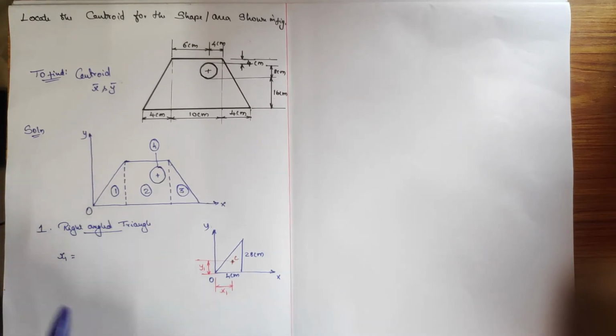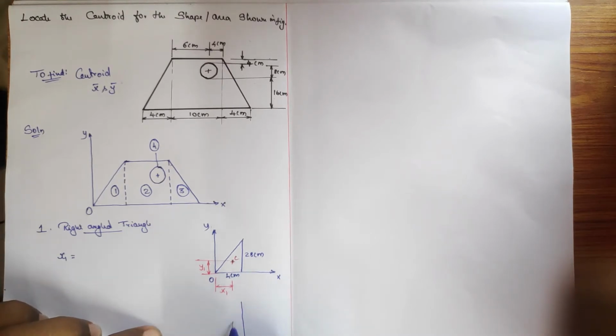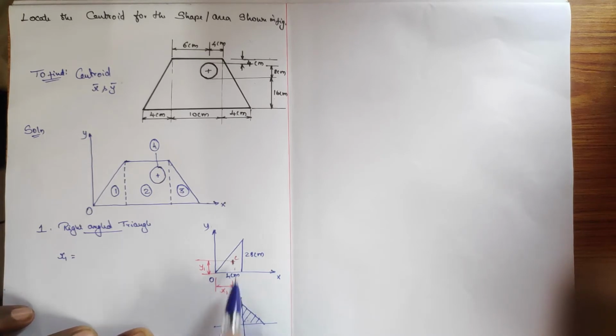We cannot simply take the formula because the direction or position of the right angle triangle differs. Basically we have four positions for the right angle triangle. This is the basic position. Is it just like this?